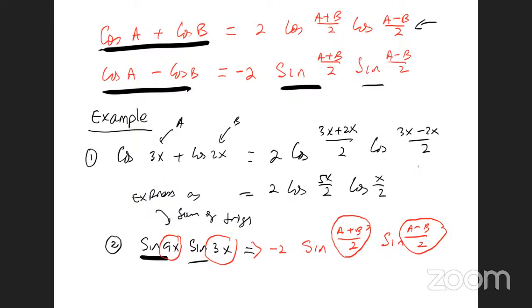So think about it, A plus B over 2. All right, hold on, I'm going to go to a new page. So sine 9x, sine 3x. I want to write it as a sum of trigs. Oh, look, I wrote it back there for you.